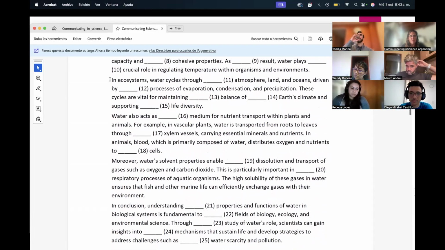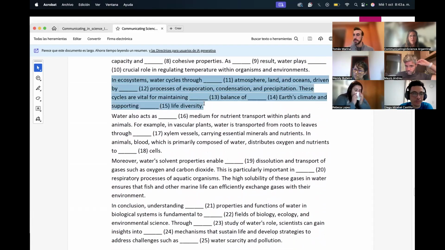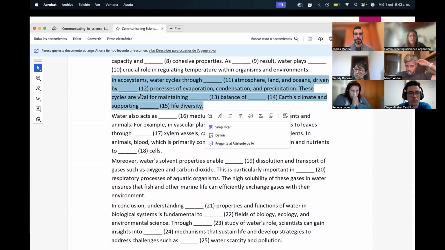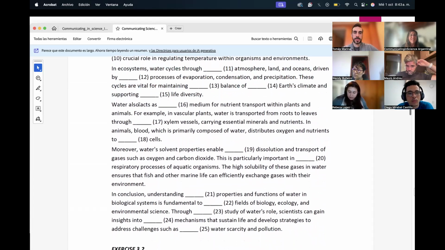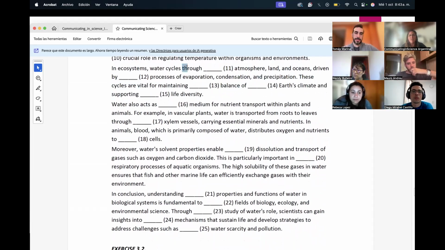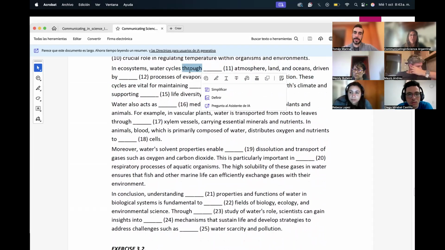Perfect. Does anyone want to read this paragraph? What do you think? Is it through atmosphere, through a atmosphere, through an atmosphere, or through the atmosphere?